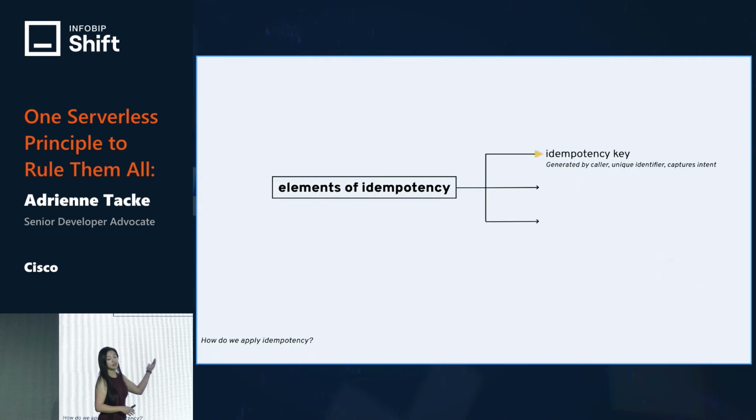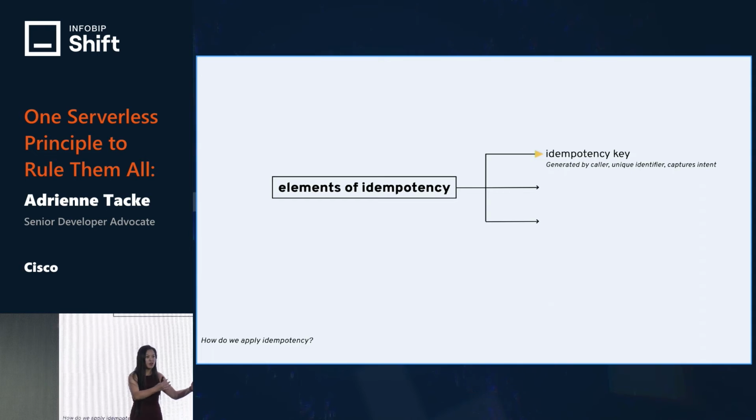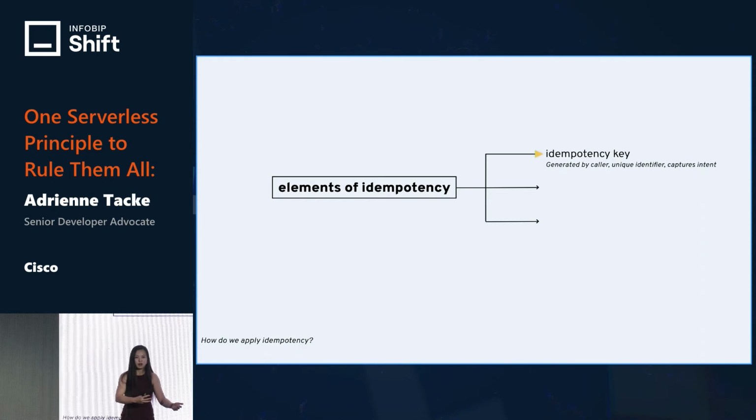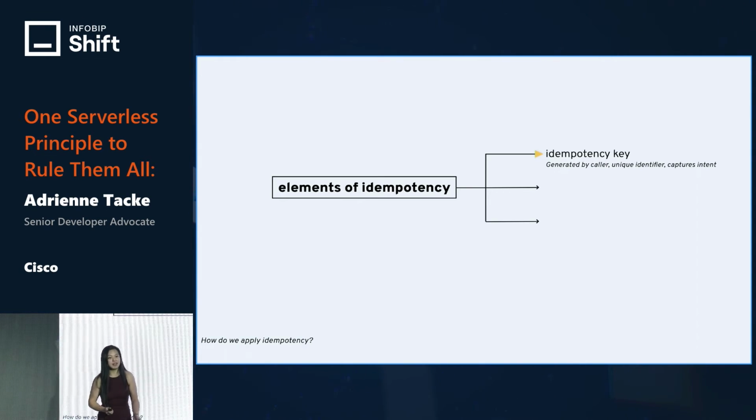In this case, it would be the client, the website, or the request that I've sent from my phone. And this is a unique identifier. This says, this is the very specific request of Adrienne Tacke ordering a world-famous strawberry shortcake at this particular time. And we are able to understand that intent, that request, on its own through this key.